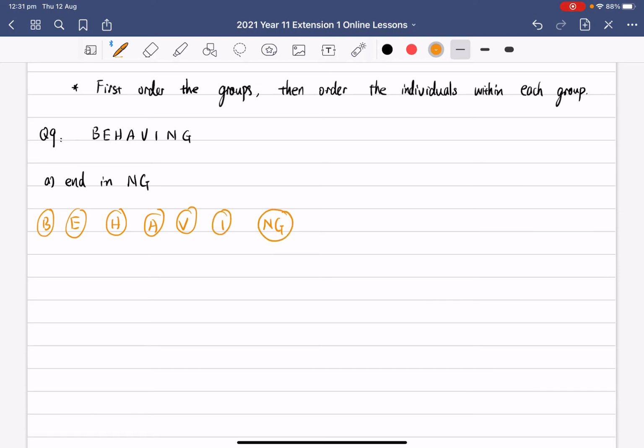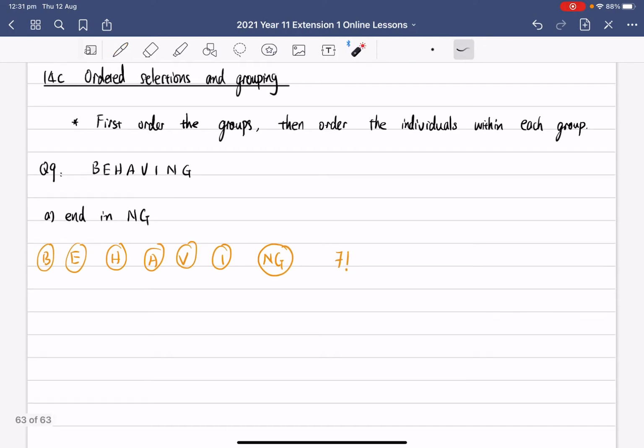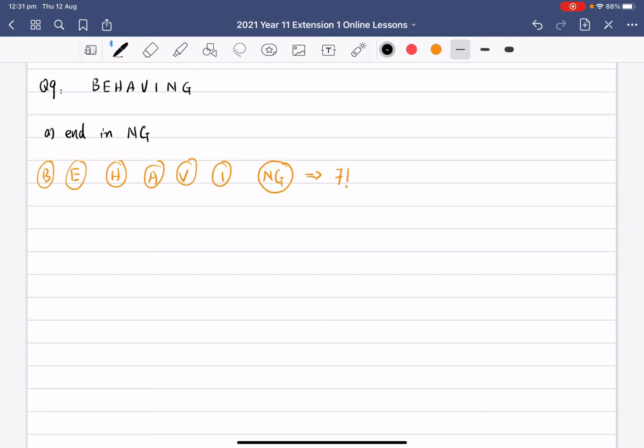If we organize those 7 groups, that would be 7 factorial. This is what happens when we first order the groups, and then we order the individuals within the groups. But the question says end in NG in that order, so we don't need to multiply by 2 factorial. The final answer for this question is just 7 factorial. That's actually pretty easy.